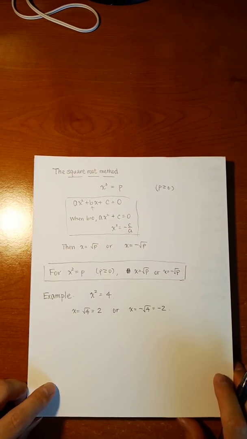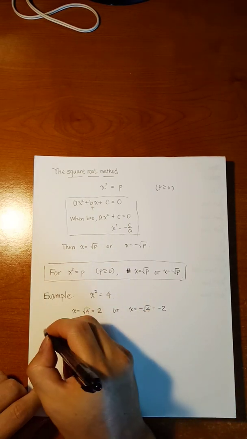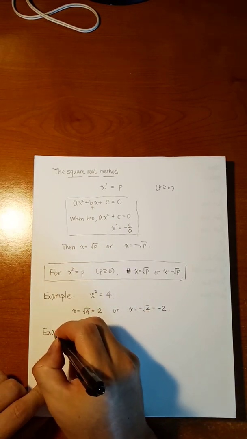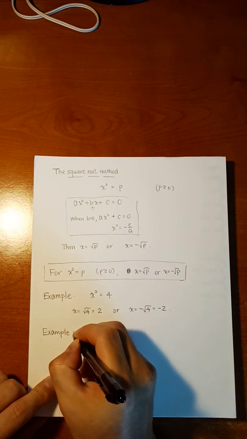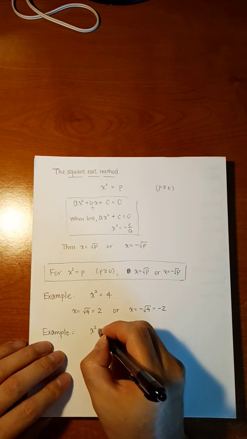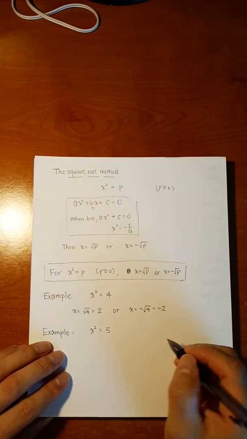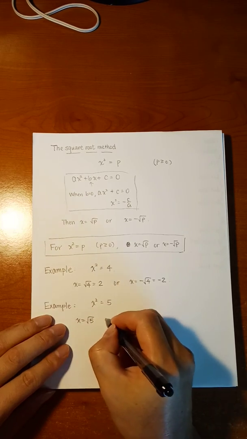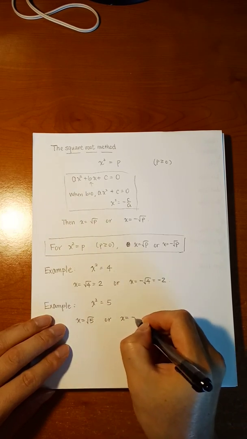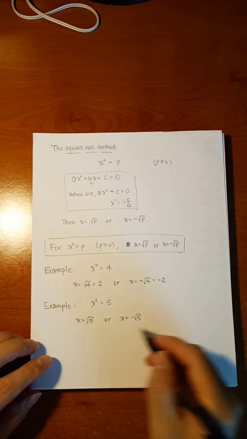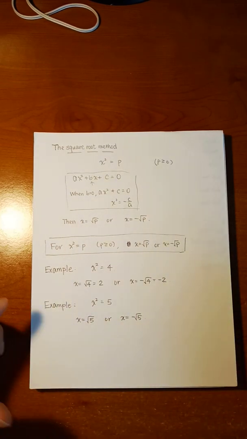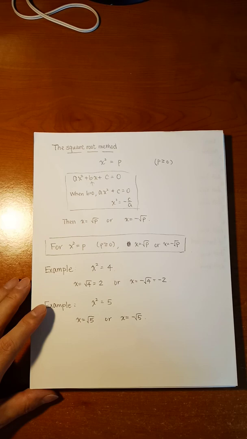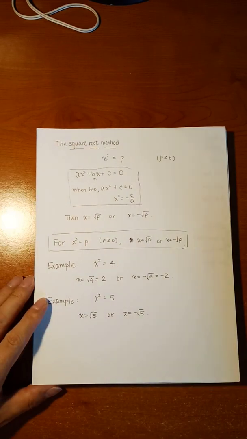And you will not always have a complete square number. So if you have x squared equal to 5, then x is positive square root of 5, or x is negative square root of 5. So they are the final answer. There's no way to simplify square root of 5 and negative square root of 5. All right.